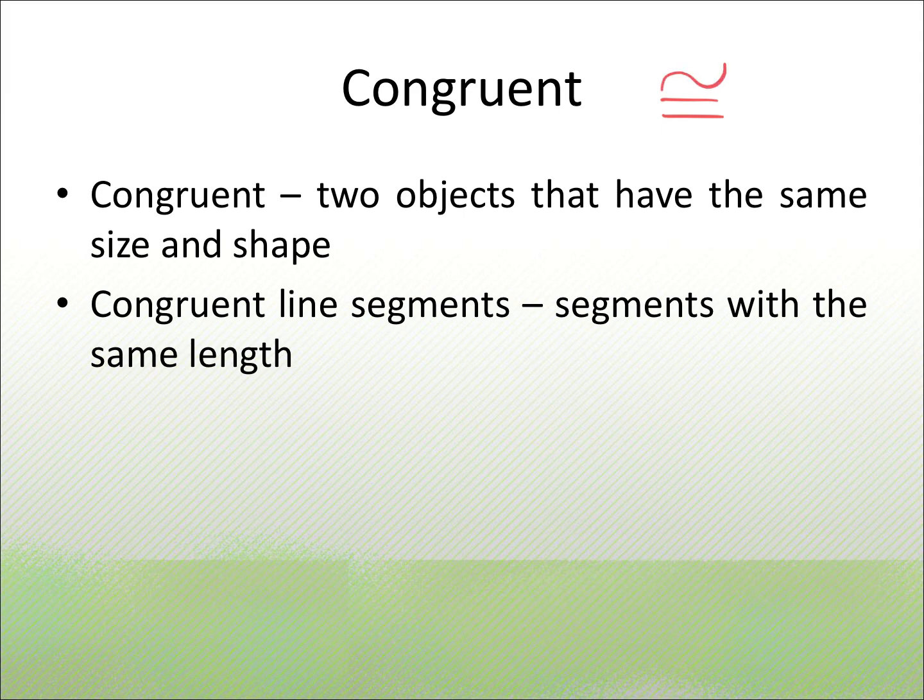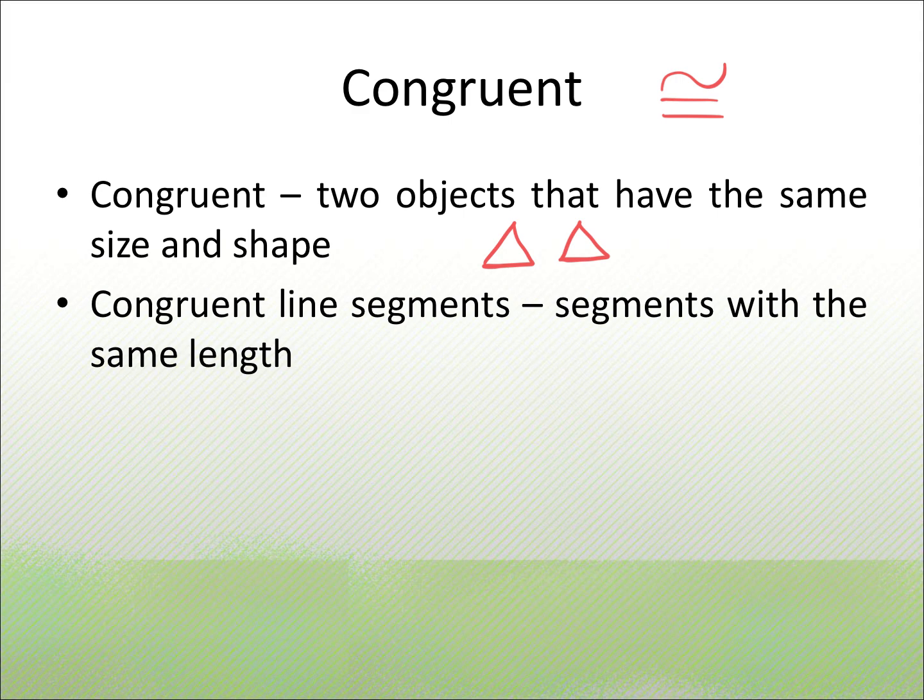That is your congruent symbol. So for example, if I were to refer to two triangles that were congruent, they would be exactly the same size and shape. When we talk about congruent line segments, we're talking about segments that have the same length.